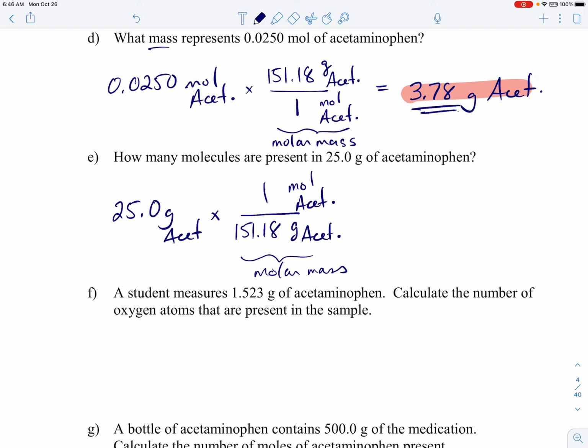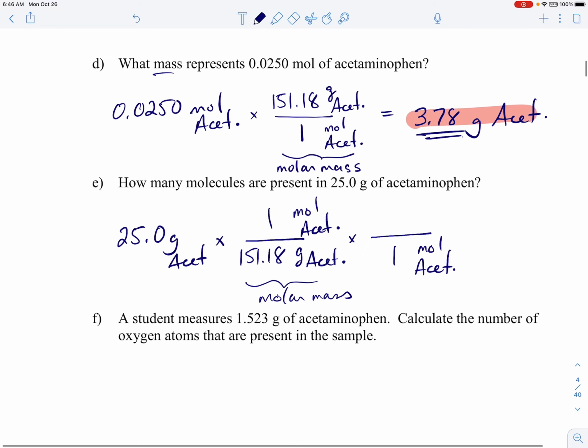Now, why are we finding moles? The question asked for molecules. Well, you remember the definition of the mole told us that in 1 mole of anything, in this case 1 mole of acetaminophen, there would be that huge number, Avogadro's number, of things.